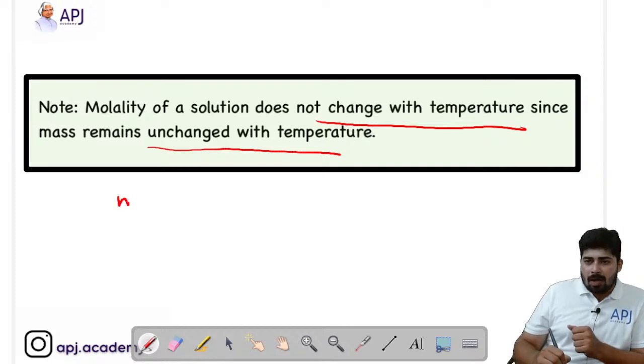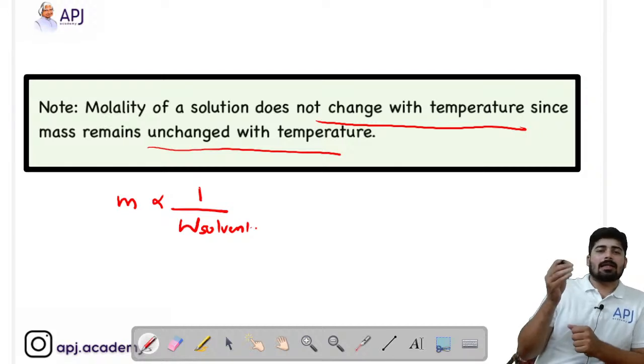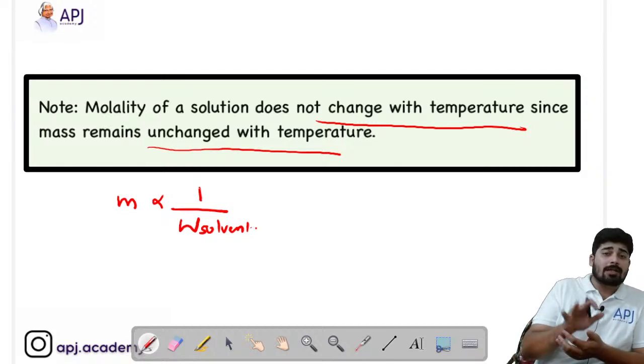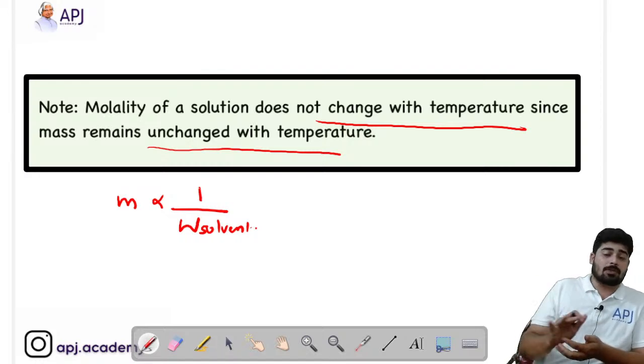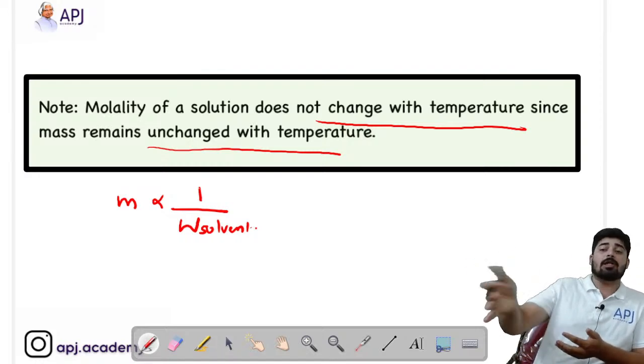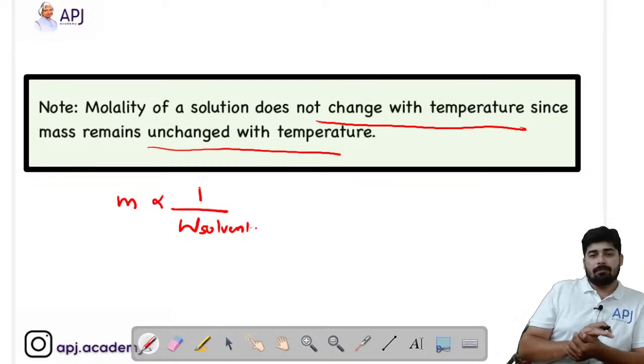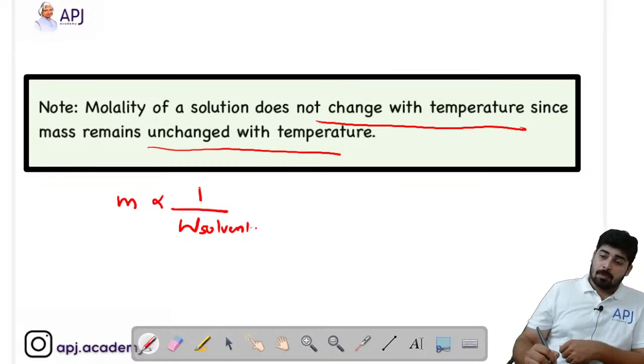We know that molality is inversely proportional to the weight of solvent. It is not depending on the volume. In the case of molality, we are not taking volume into consideration. We only depend on the weight of the solvent. Is that clear? Okay.